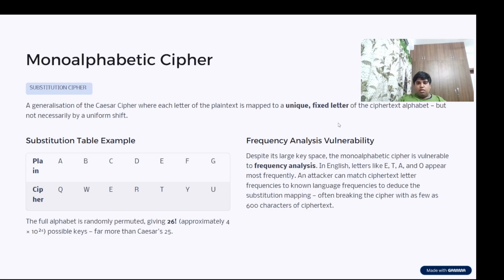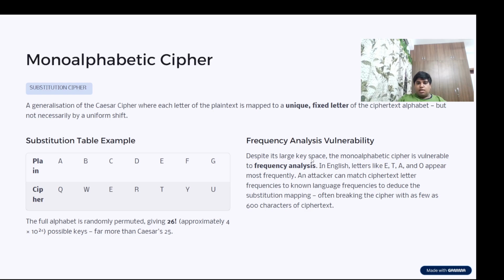The shift value may not be fixed, and it can be applied through a formula so that it is not easily decoded or decrypted. Here also, there is an issue with this type of ciphering technique: frequency analysis vulnerability.